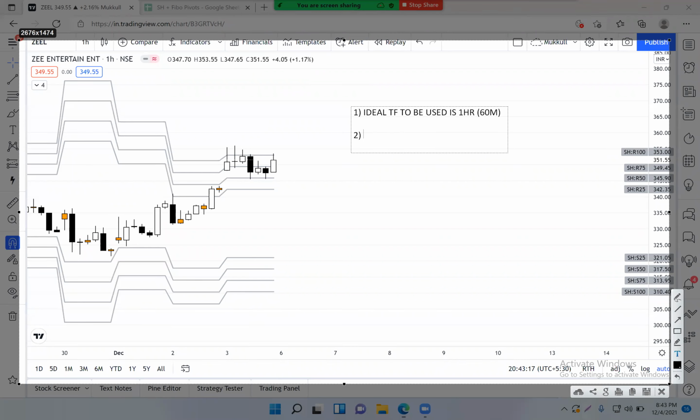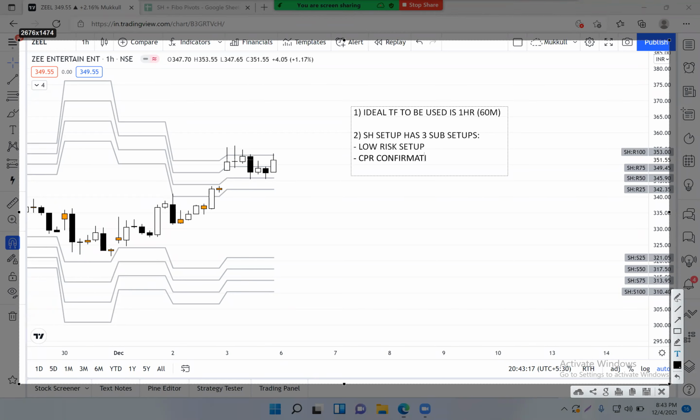I will denote stop hunt by SH. The SH setup has three sub setups, right? First being the low risk setup. Second is the basic confirmation setup, or you can say the CPR confirmation setup.